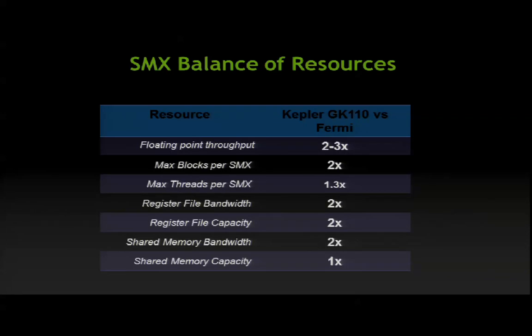And then finally, the amount of shared memory has remained the same. Now, this may seem like a limitation, but there are actually some changes in the architecture that help you avoid use of shared memory that you had in previous cases, and I'll come back to that in a second.